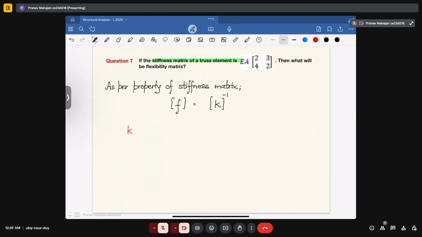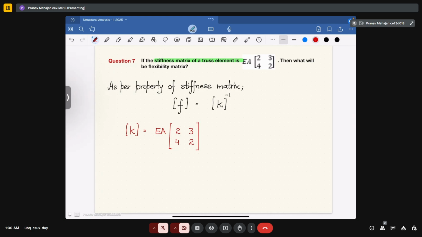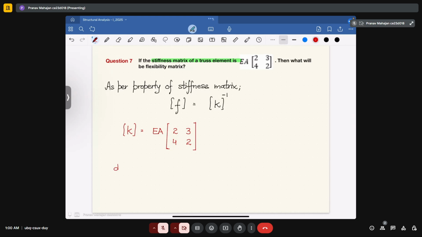So your K that is provided to you in this question is equal to EA into the matrix 2 3, 4 2. Now what is the formula to calculate the inverse? First we will calculate the determinant of this K matrix.